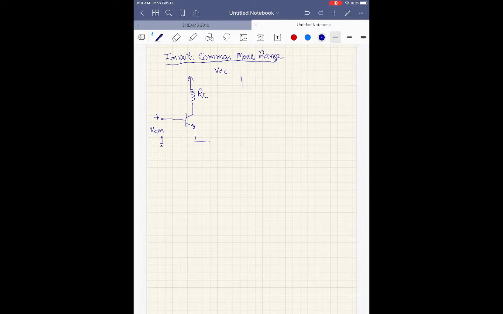There's our second transistor. Okay, VCC. Another VCM here. We've got our current source here and a negative VEE. I. Okay.